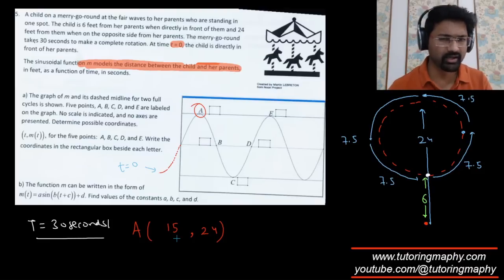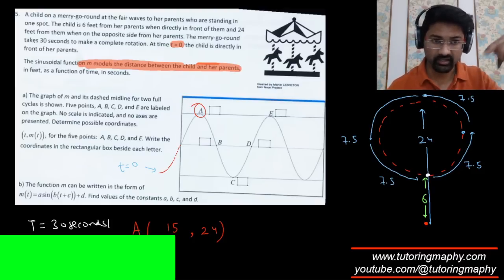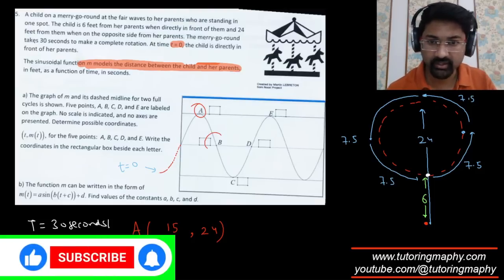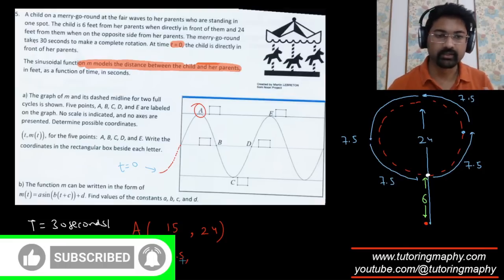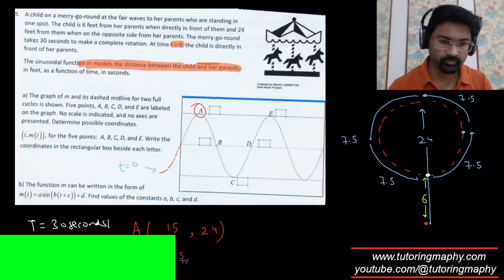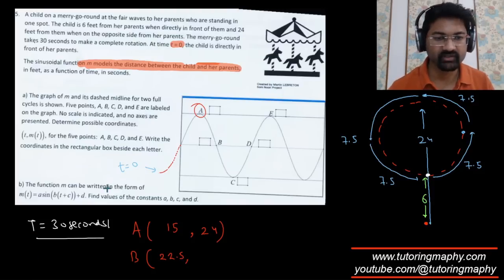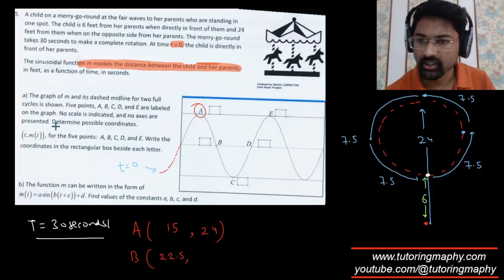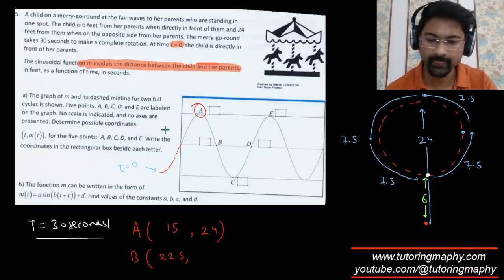So this is 15, and now I think everything becomes quite easy, because B is just another 7.5 being added, which is 22.5. And the distance is going to be, that's interesting, what is the distance? The distance between the child and her parents in feet.